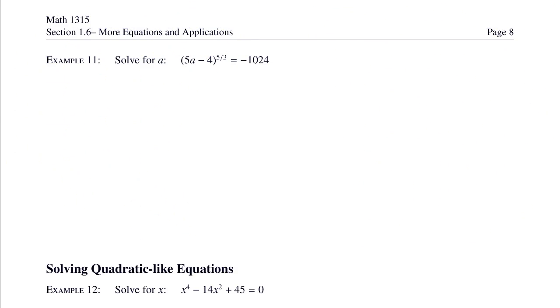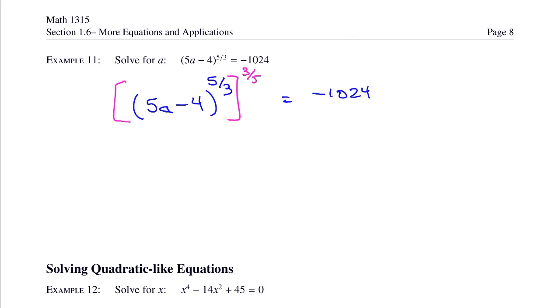Example 11 works pretty much the same way. We have 5a minus 4, all raised to the 5/3 power, is equal to negative 1024. I'm going to start with 5a minus 4 raised to the 5/3 power is equal to negative 1024. We're going to raise it to the reciprocal power on both sides.